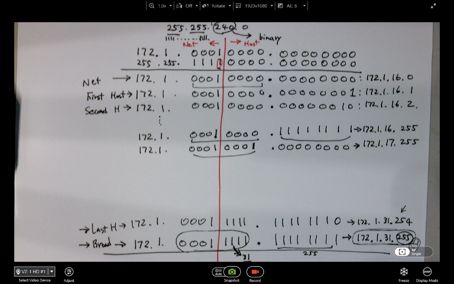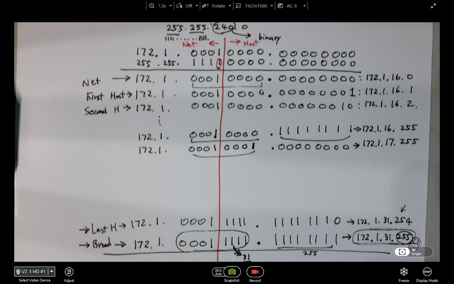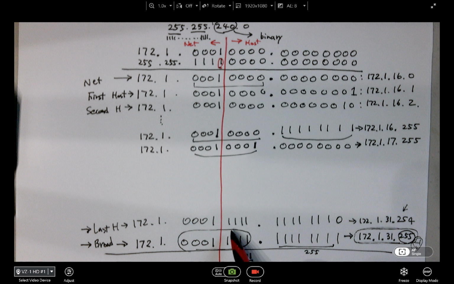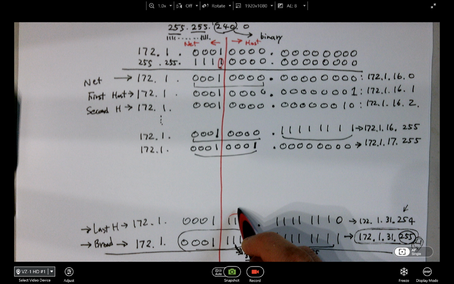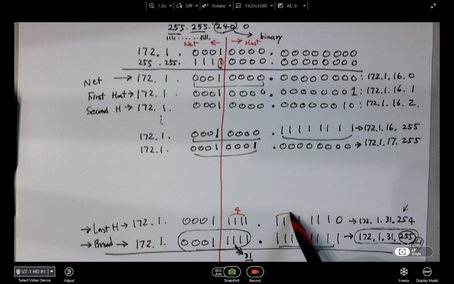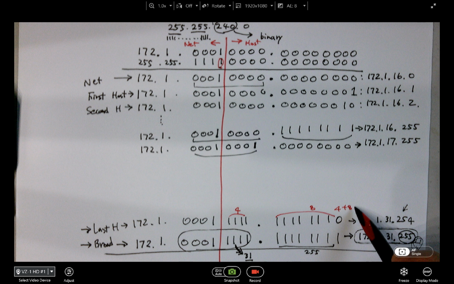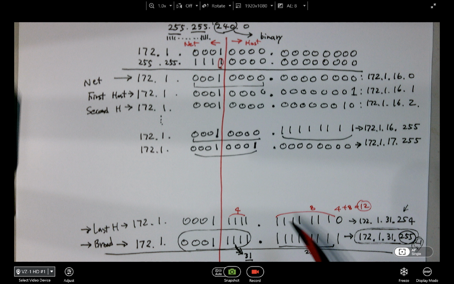To find that number, you have to first count the number of bits used in the host portion. So 4, and then this is 8. So 4 plus 8 is 12. So a total of 12 bits are used in the host portion.